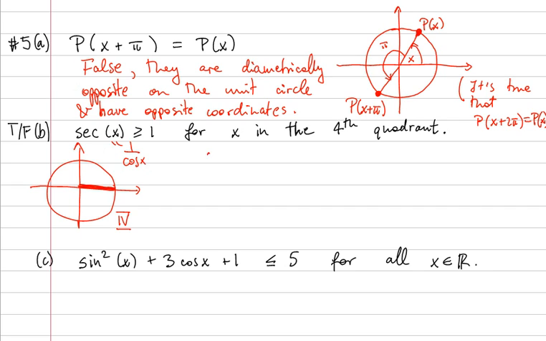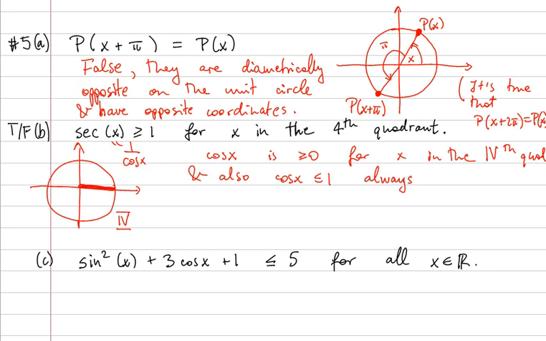So I have that cos x is bigger than or equal to 0 for x in the fourth quadrant. And also cos x is less than or equal to 1. And that's always true because it's coordinate of a point on the unit circle. So I have cos x less than or equal to 1, and I know this is positive.